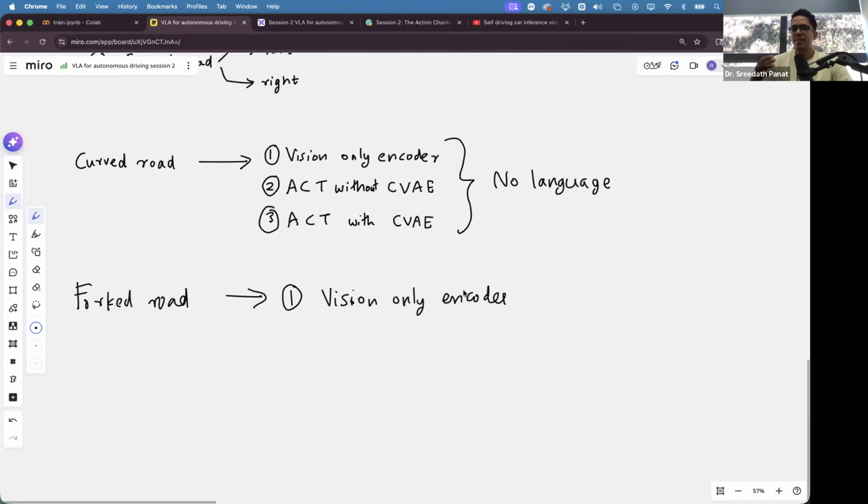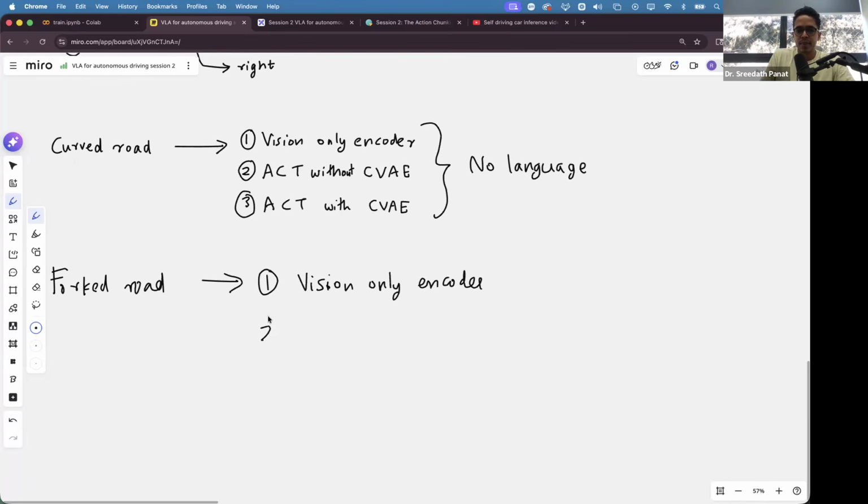Ideally, we need some language, but there is nothing wrong in having a vision only encoder. How would you have it? The same vision only encoder which you used in curved road, you use here, except in half of your experiments you drive to the left, and in half of your experiments you drive to the right. But there is a problem with that. I'll tell you the problem, but technically this is something we can try as an experiment. So a vision only encoder we can try.